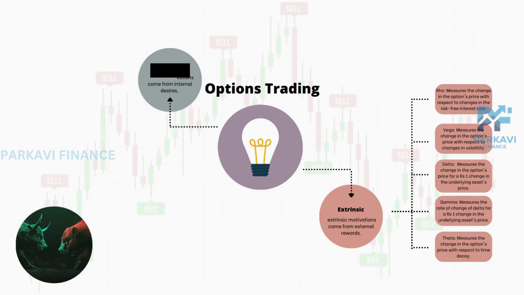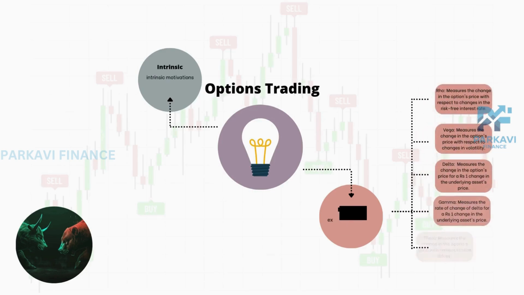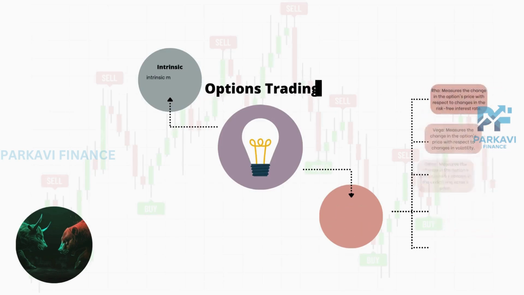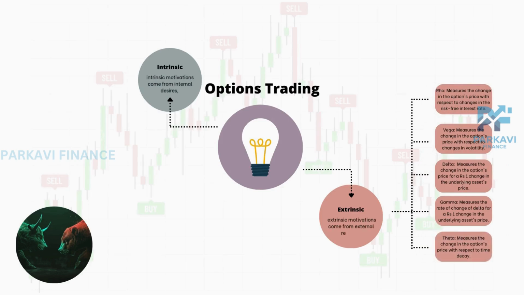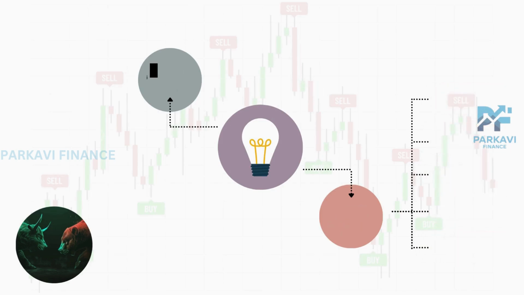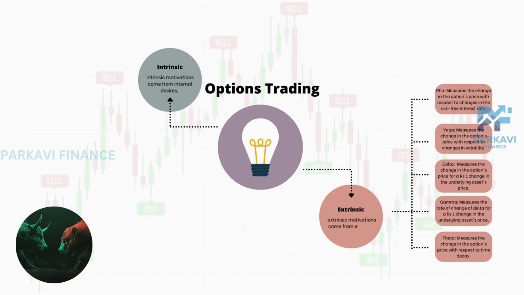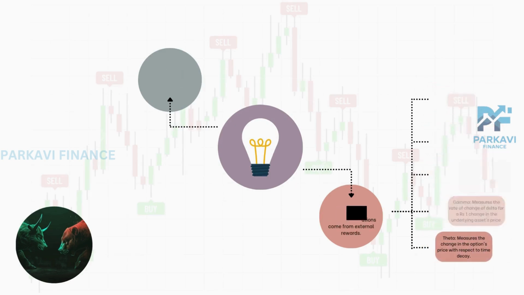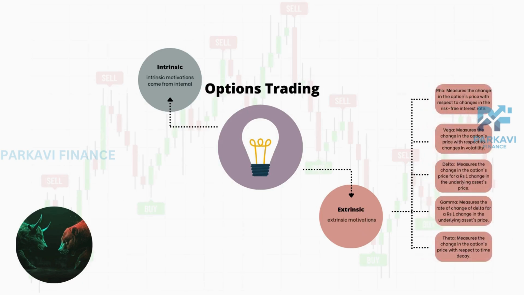Example: if a Nifty or Bank Nifty call option, or Reliance call option, has a rho of 0.1 and the risk-free rate increases by 1%, the premium price increases by 0.1. That's it for extrinsic premium factors.